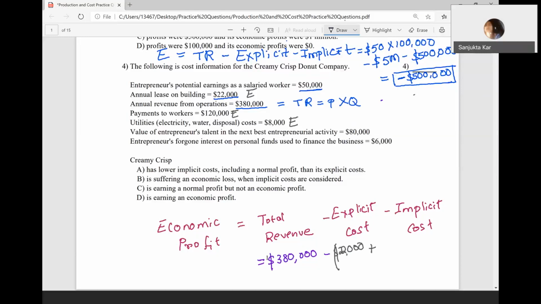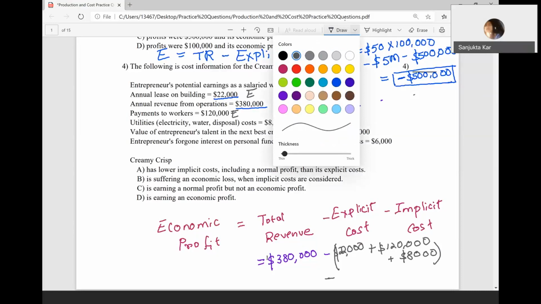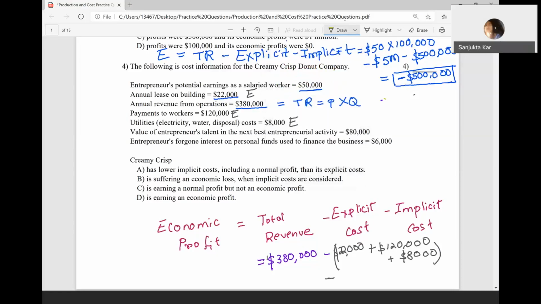Plus, with that, I have this 120,000, and I have this 8,000.